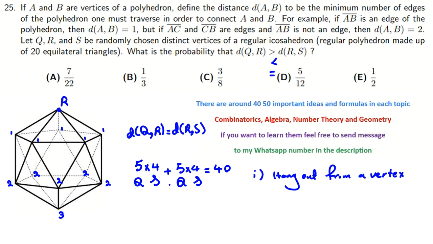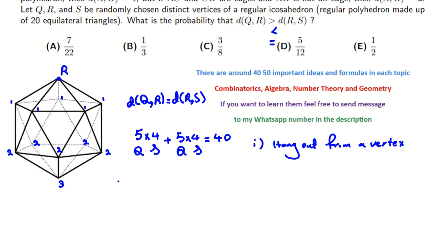Now, to calculate the probability, how many cases do we have for Q and S? 5 points, 1 point, so 11 for Q, 10 for S. Then you subtract these cases, 40, and divide by 2. When you subtract these cases, the cases that are left are greater or less than.